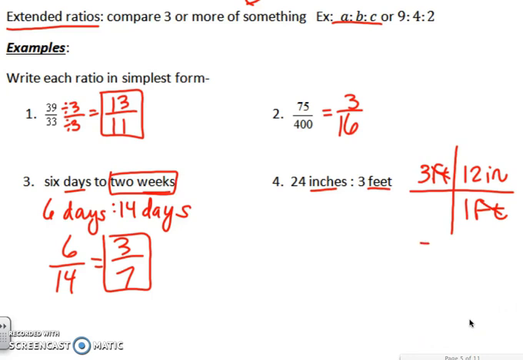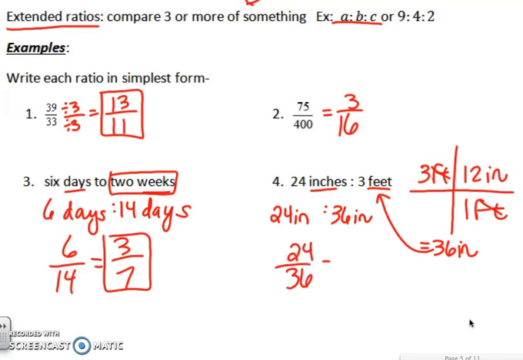So I just need to multiply 3 times 12 to get 36 inches. Now I've got 24 inches compared to 36 inches, and since I'm in the same unit, I can divide those and reduce it to get 2 thirds. Okay, so that is how you put a ratio into simplest form.